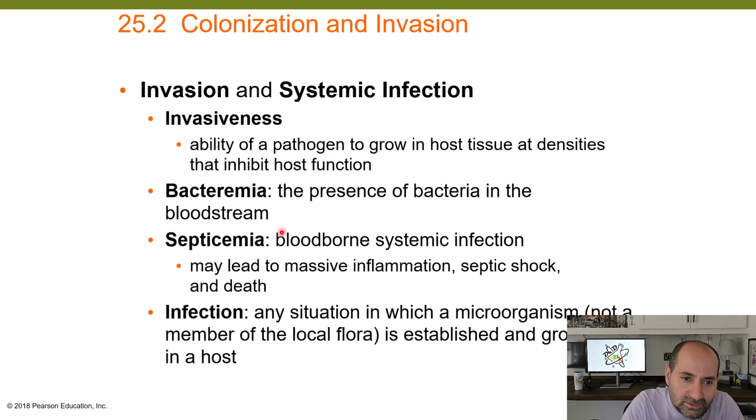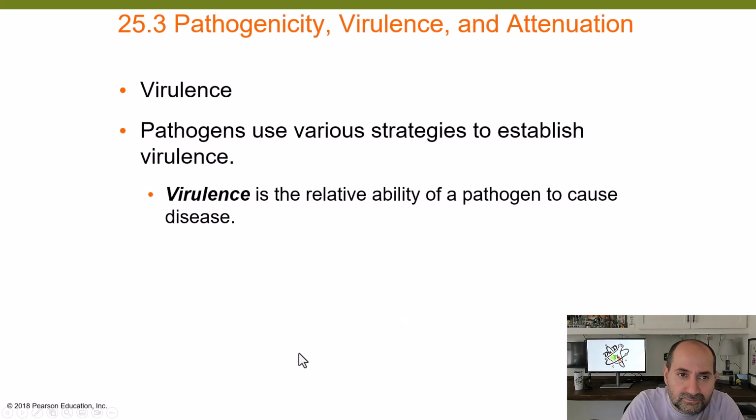This is where you have foreign entities in the blood. If it's viremia, that would be the term for viruses in the blood. Toxemia, that would be toxins in the blood. Infection, again, any situation in which a microorganism, not a member of your normal flora, is established and growing in a host.